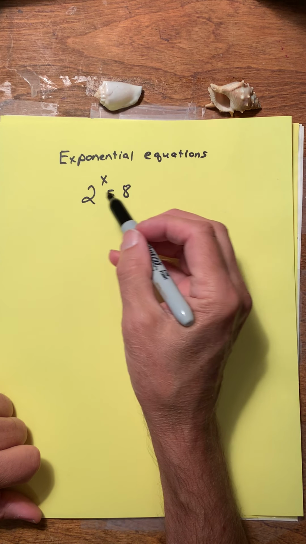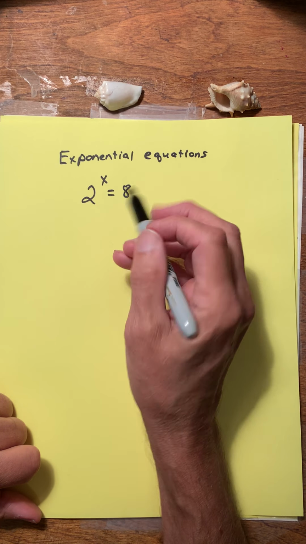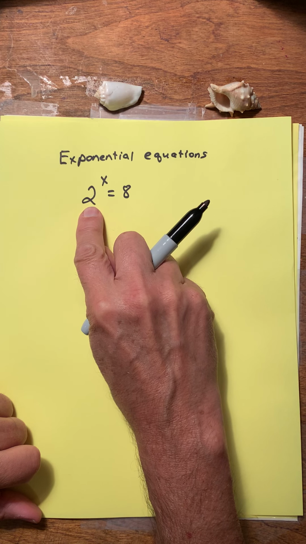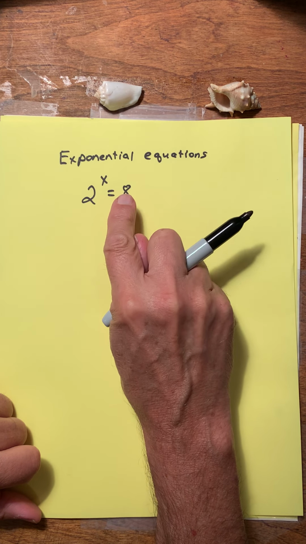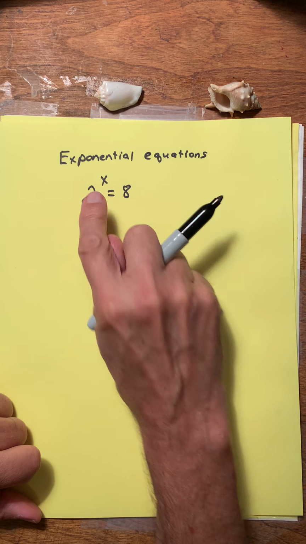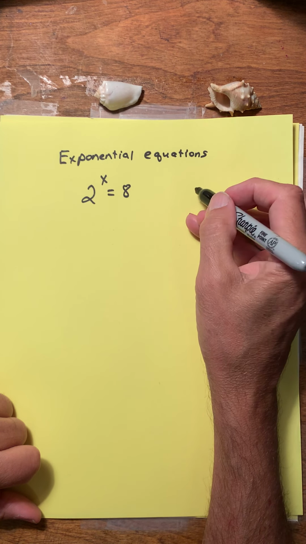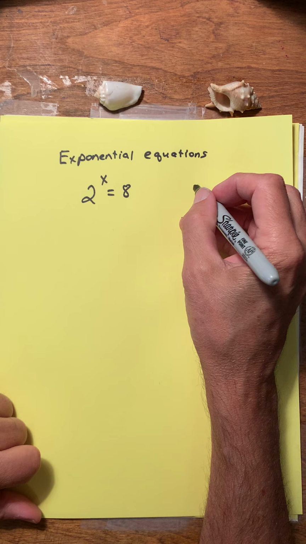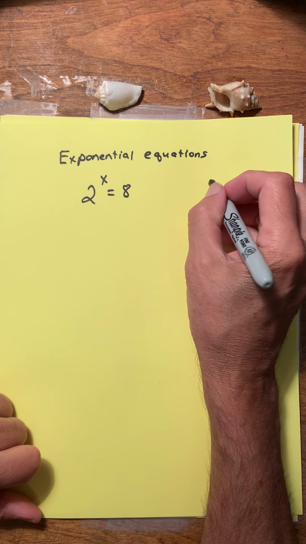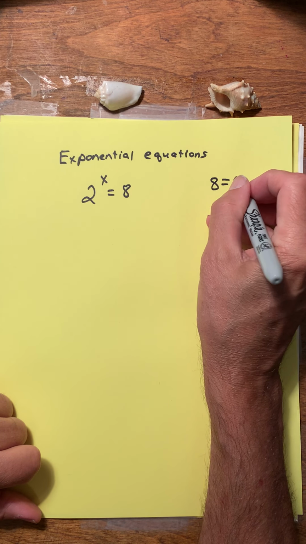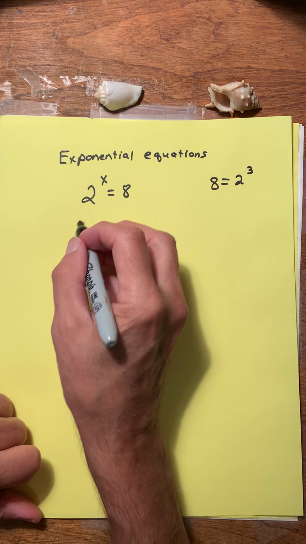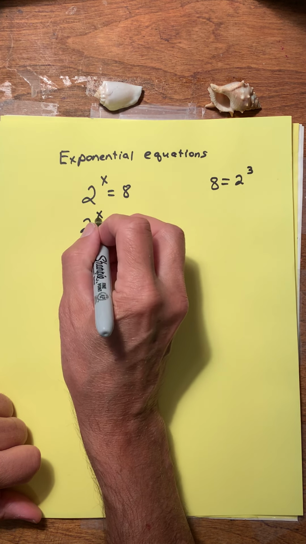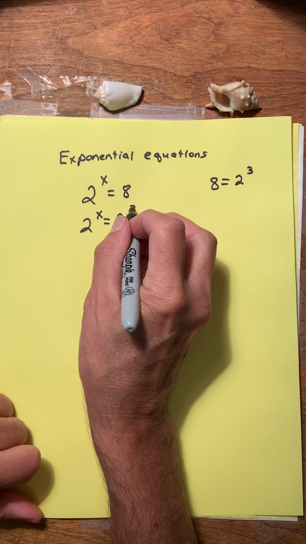And that is, we try to get both sides of the equation with the same base. 2 to the x, 8 to the first. If I can change 8 to 2 to some power, then I have a step up in the advantage category. And as you know, 8 is the same as 2 to the third. So in the place of 8, I'm going to put 2 to the third.